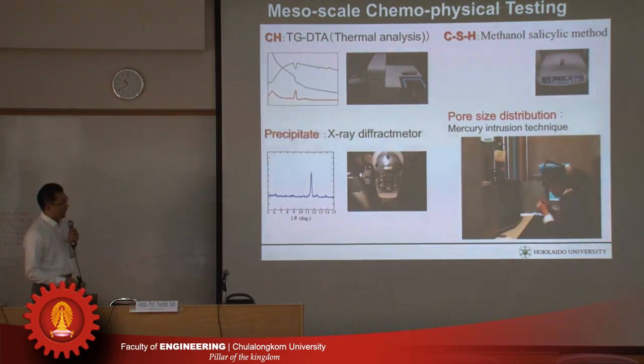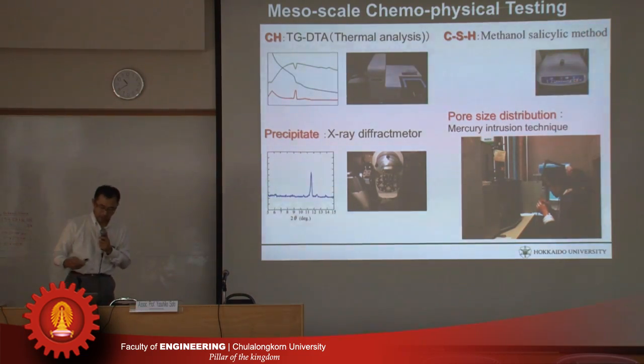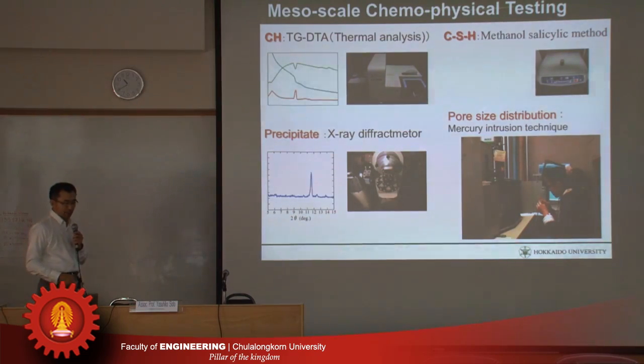And also, we have to combine other testing on the chemical and physical observation. To detect the amount of calcium hydroxide, we will introduce the TG-DTA thermal analysis to get the CH, and also to detect the amount of CSH, we are currently applying the methanol acetic method and so on. After the deterioration, some new products, some new hydrates or components would be generated.